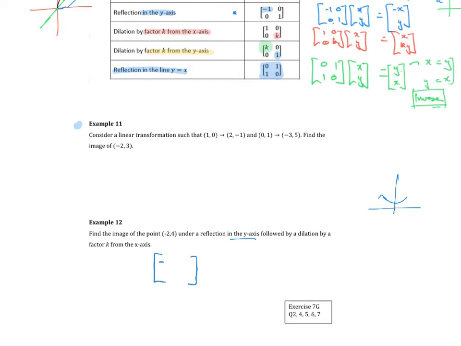So from the x-axis means the y value is affected, and if the y value is affected, that means the k value is down there in that bottom right corner. So that's the transformation matrix. All right, I'm going to apply that to the point -2, 4.